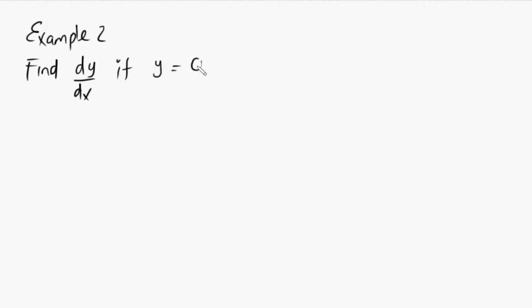Okay, so let's call this example 2. It says find dy/dx if y is equal to cos inverse of ax, where a is a constant. So how do I do that?